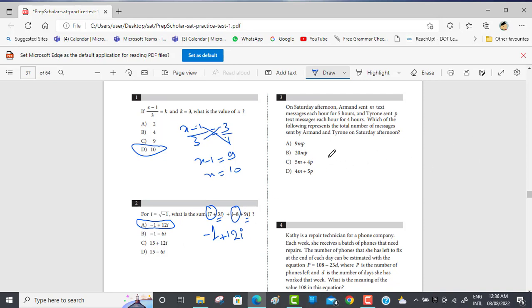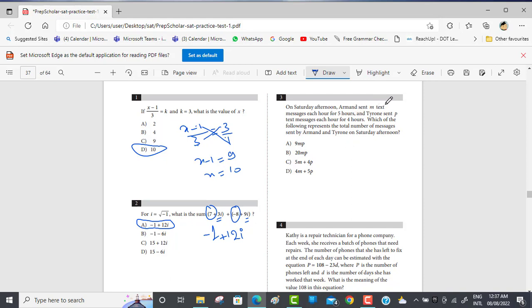Number 3, on Saturday afternoon, Armin sent text messages for 5 hours, so he will send 5 times m, and Tyron sent p messages each hour for 4 hours. Which of the following represent the total number of messages sent by Armin and Tyron on Saturday afternoon?